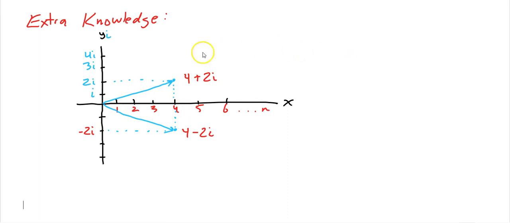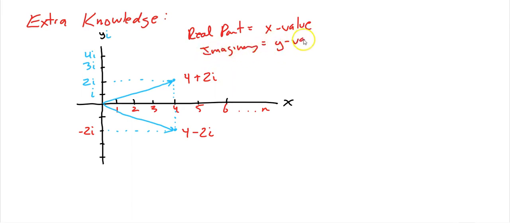I want you to see this, though, because if you'll notice, your real part equals an x value. Your imaginary part equals a y value. Maybe that'll help you understand the standard form and how things need to look.